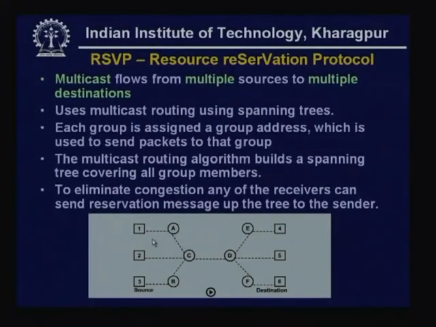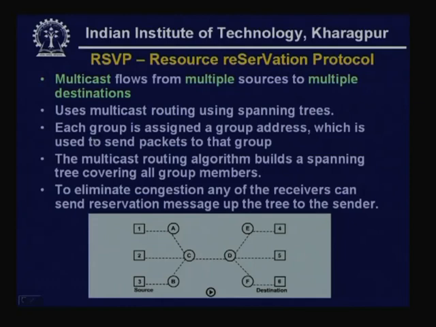That means video on demand service to a number of users. Depending on the network, a group of people will ask for video services from a particular station. The same video may have to go to a number of stations depending on the requirement. So, in such a situation, this is useful.